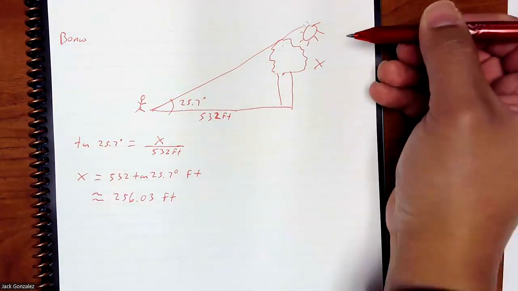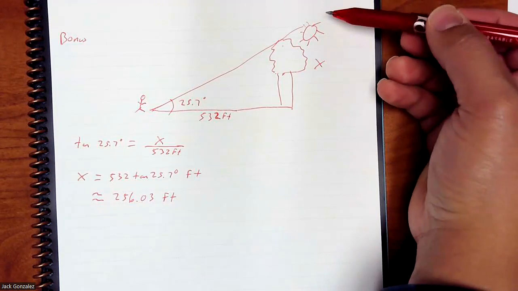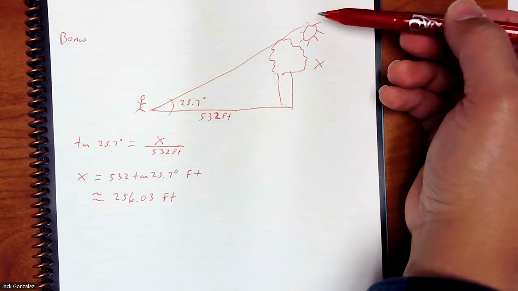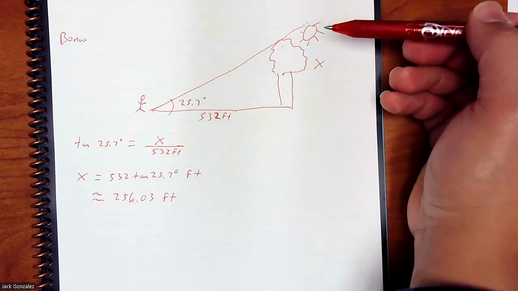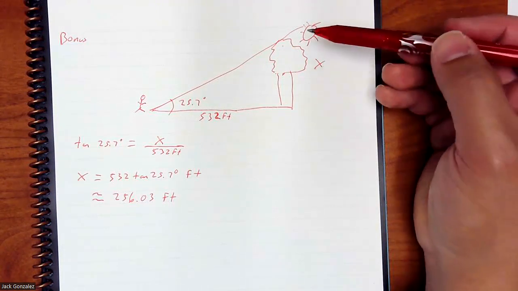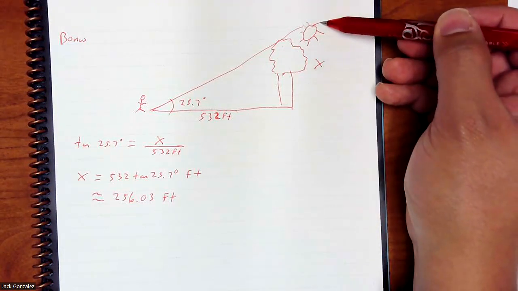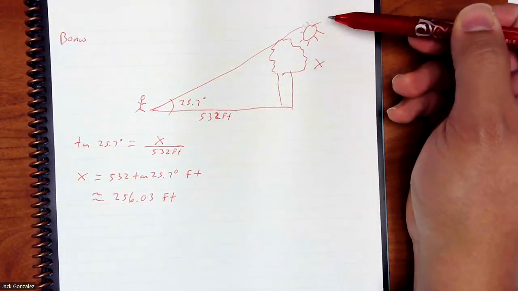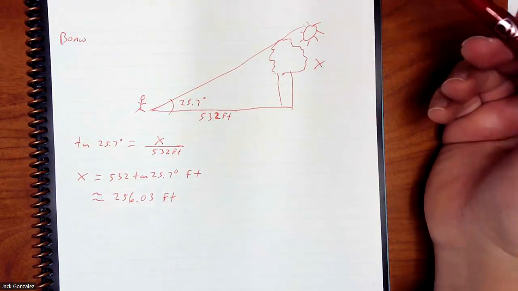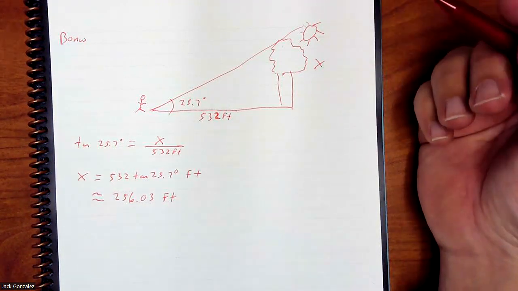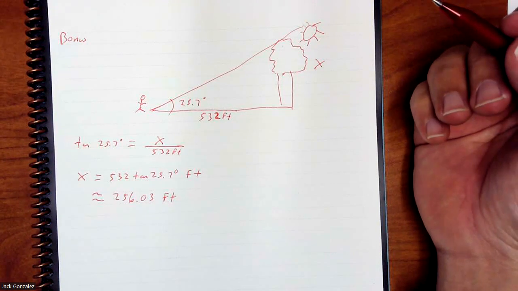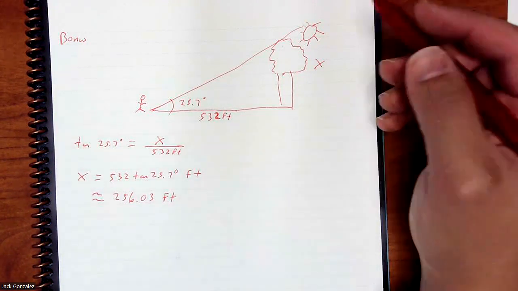Yeah, so the assumption is that there's a shadow being cast by the sun, so it should be behind the tree. It wouldn't make sense to find the height of the sun because it's in space. But I can see the confusion there. Maybe it should have been worded better.